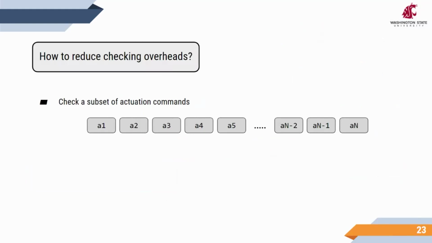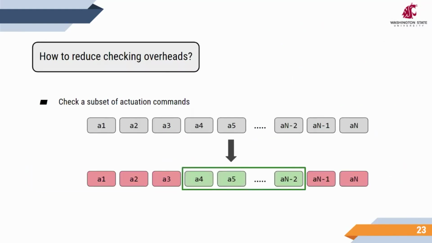For example, consider a case when a task generates a bunch of n actuation commands. Instead of checking all n commands, we will check only a subset of them. But the problem with this selective checking approach is, how do we know which subset we will pick for checking?